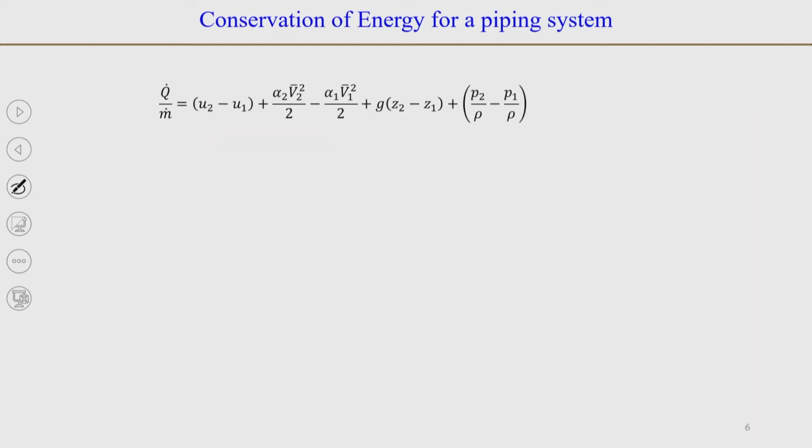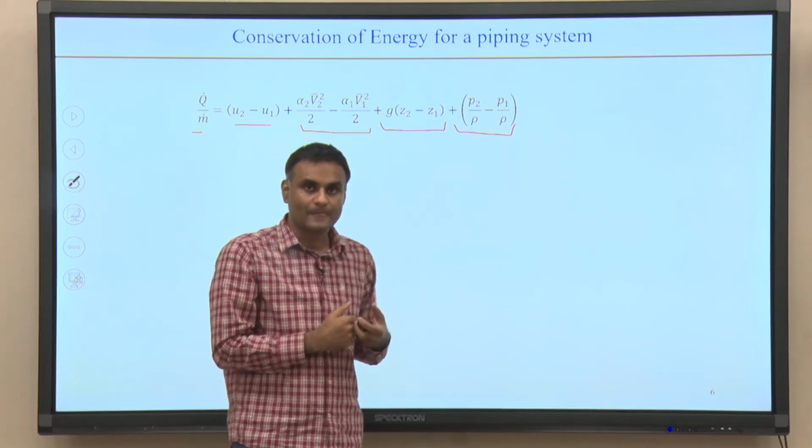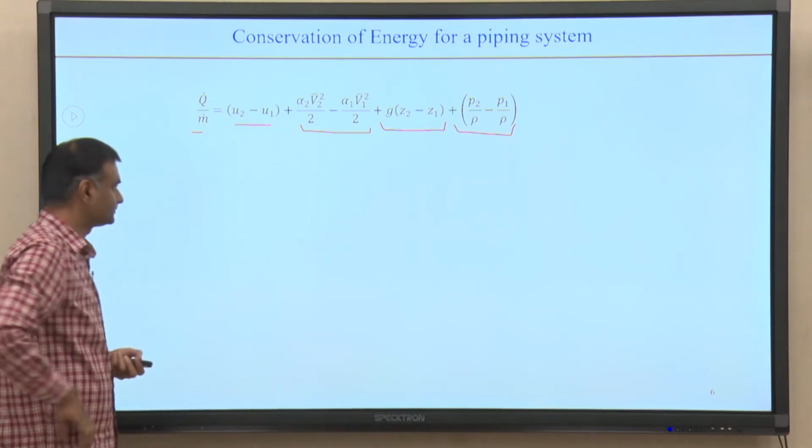So, q dot by m dot is equal to u2 minus u1, where u2 minus u1 is the change in internal energy, plus alpha 2 v2 squared by 2 minus alpha 1 v1 squared by 2, which is basically kinetic energy, plus g (z2 minus z1), the potential energy due to gravity, and then you have (p2 minus p1) by rho, which is basically the change in pressure.